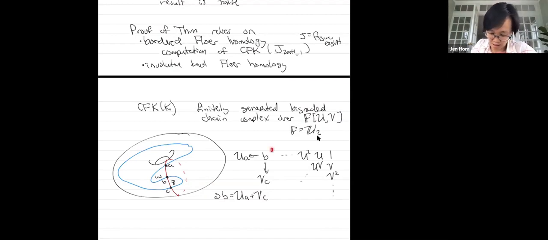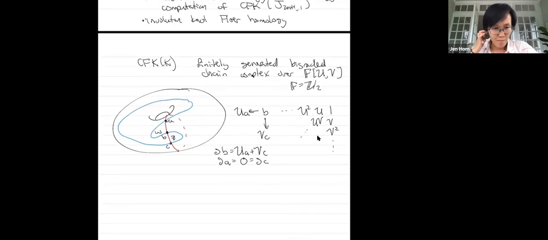So that's how I decided to draw this. Right, and then the boundary of A is 0, and so is the boundary of C. And then sometimes for shorthand, instead of actually drawing all these labels, I might just draw it like this.